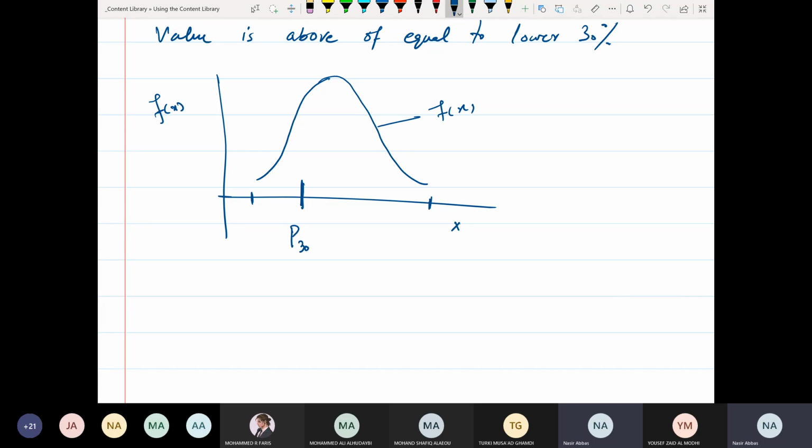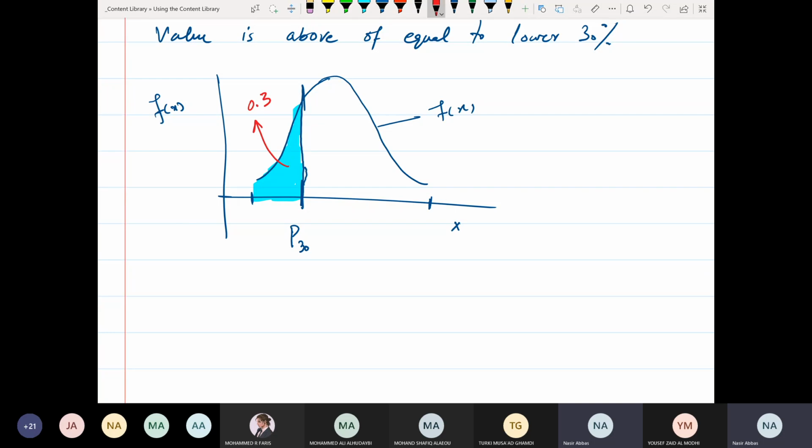It is a value of x such that if you measure the area under the curve below this value, the area is how much? It's 30%. P30 is a value of x such that 30% of the values are below this one.